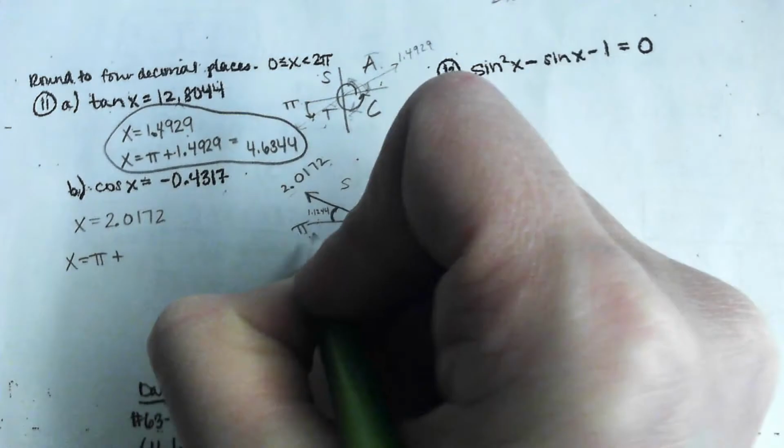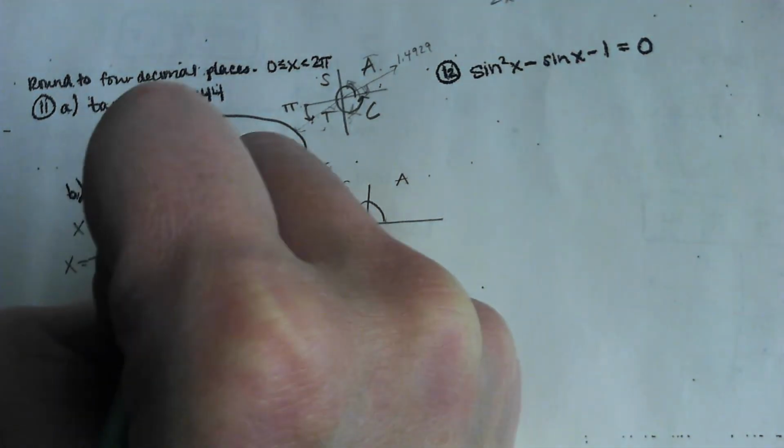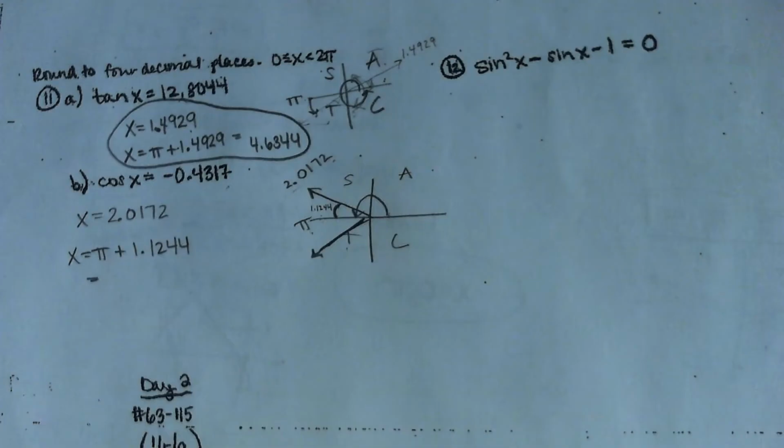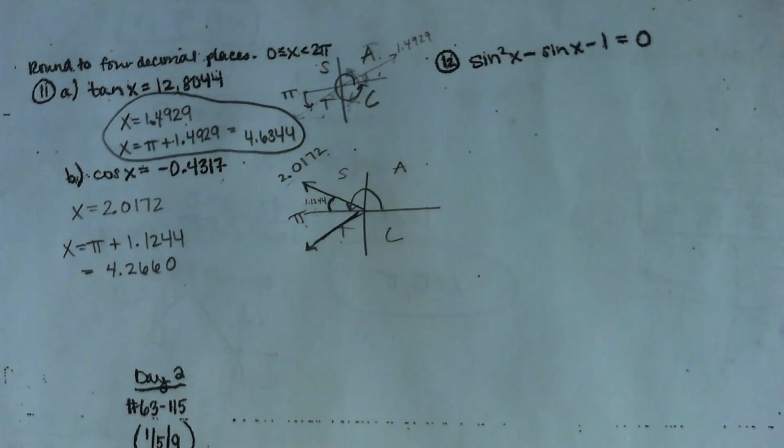So x equals pi plus reference angle of 1.1244, which is 4.2660. That's a little trickier because we had to do some hidden work and find our own reference angle. Good.